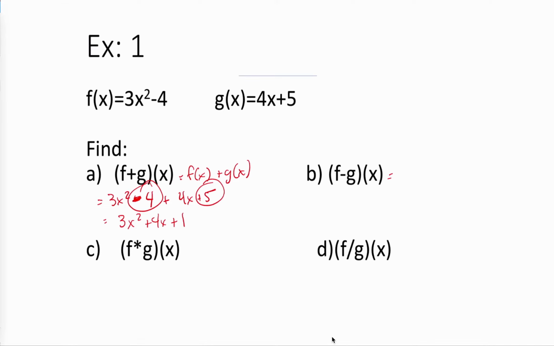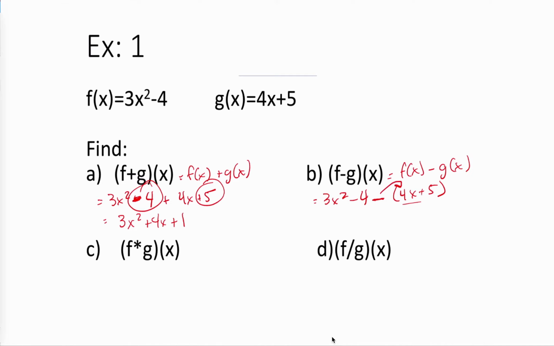Similarly, f minus g of x is going to be f of x minus g of x, which is going to be 3x squared minus 4 minus (4x plus 5). When you do this, make sure that you put g of x in parentheses because the minus needs to apply to all of g of x.